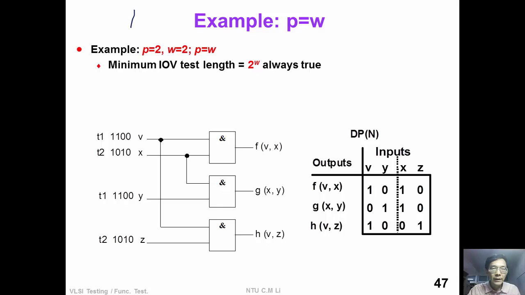In the first case, where P is equal to W, we have seen this case earlier. In this case, P is 2, W is also 2. So the minimum IOV test length is 2 to the power of W, which is 2 to the power of P, which is 2 to the power of 2.